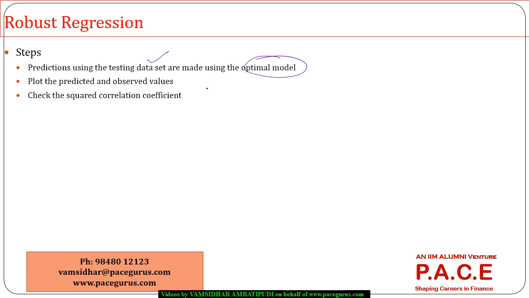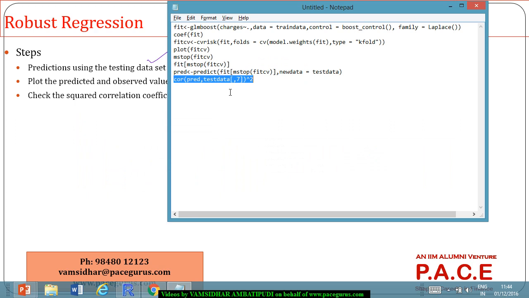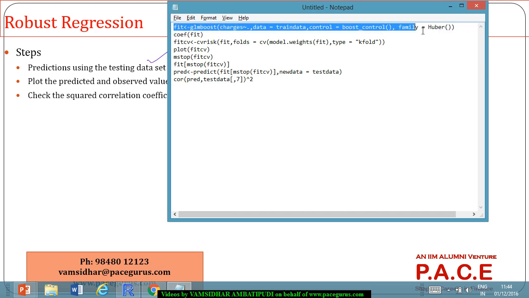Based on that, I can even plot the predicted and actual values, and I could also find out the R squared of the model to see the accuracy associated with it. So all I'm changing here is the Huber. I'm changing this to Huber. The rest all remains the same.